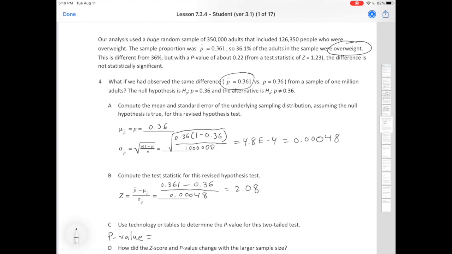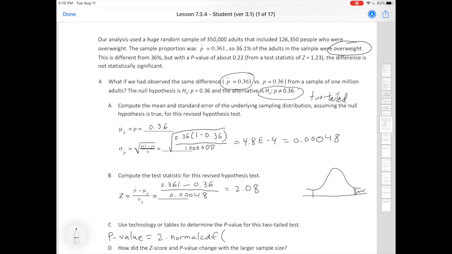Well, they are telling us that p is not equal, so this is two-tailed, isn't it? So I know that I'm going to do 2 times normal CDF. I'm going to do the right tail, okay? Remember, we're doing 2.08 as our z-value.